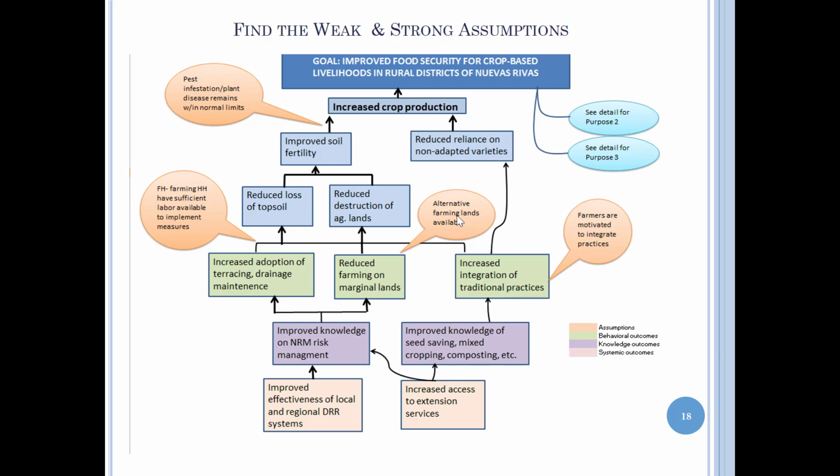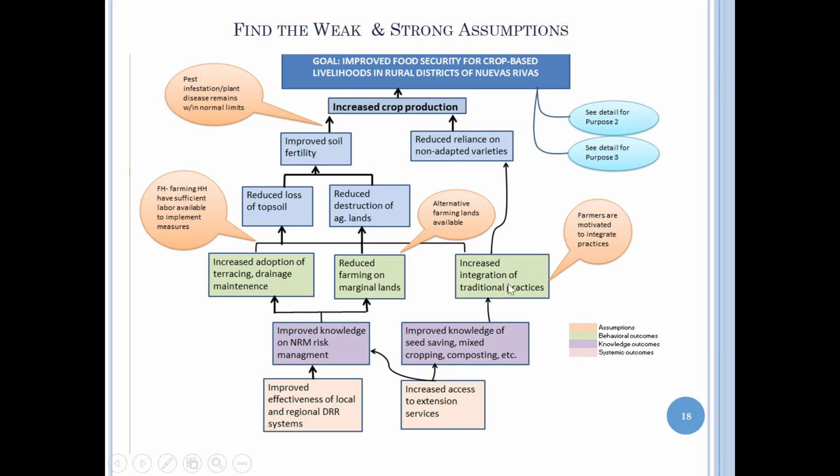If you would rephrase this to "alternative farmlands remain available," you would express that you know that these lands are there already, so they will remain available, and the project can count on this. And if they remain available, then the reduced destruction of agricultural lands can be achieved. And if land is not available, then you need to review the causality chain. Can reduced farming on marginal lands be achieved without this condition in place? That's the question you should have asked.